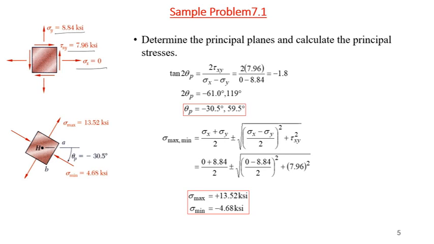Putting the value, tan 2 theta p is 1.8 and theta p is minus 30.5 degrees, and the other angle will be 60 degrees. So this angle from the original is minus 30.5 degrees, and the negative sign means clockwise direction.